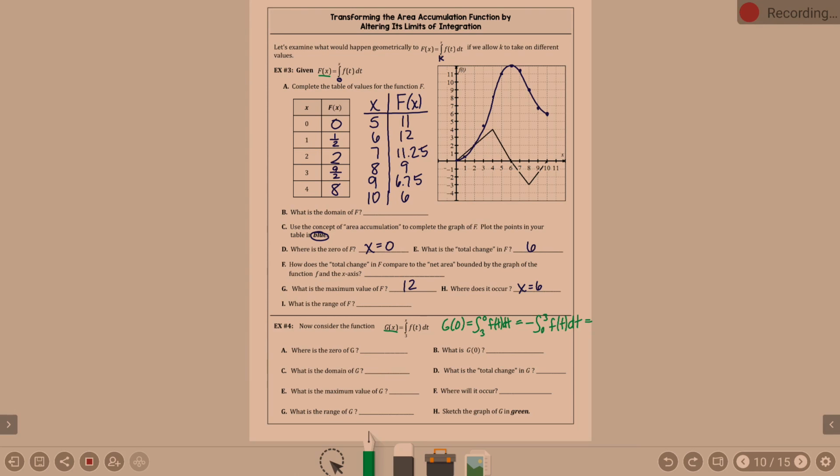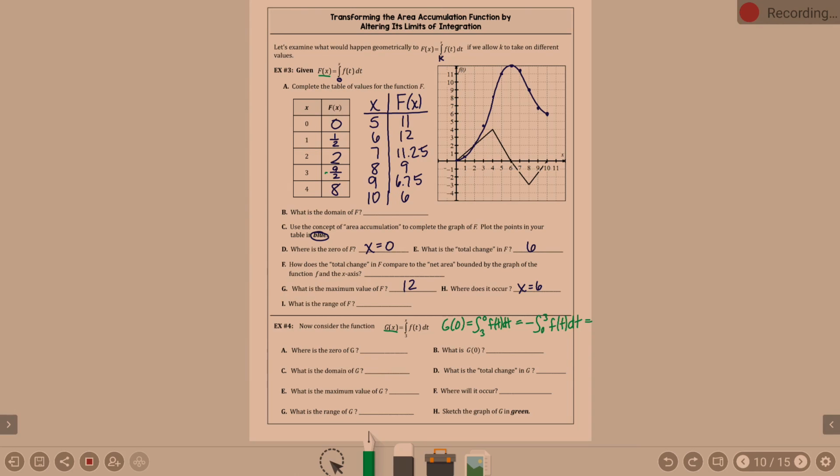Now, I'm realizing it was probably not a great idea to split examples 3 and 4 from yesterday to today, but that's all right. We'll make it work. The negative of the integral from 0 to 3. What was the integral from 0 to 3 yesterday? 4.5, yes?